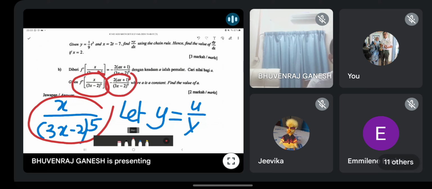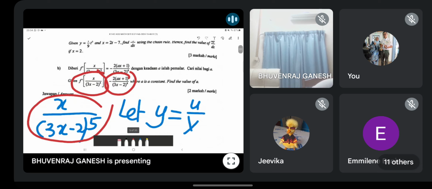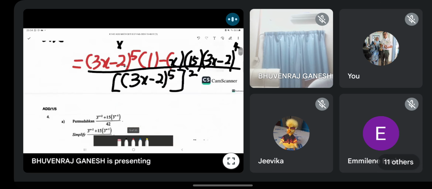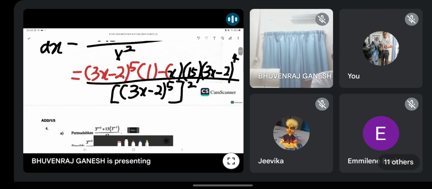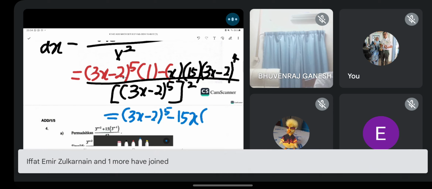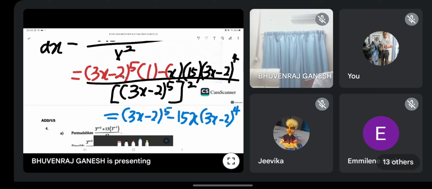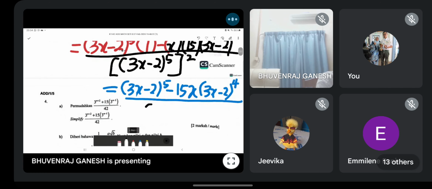Mereka nak dalam bentuk ni. They want your final answer something like this. Over here we never get it yet, so we must factorize. Kita kena faktorkan lagi. You will get (3x minus 2) power 5 minus 15x(3x minus 2) power 4, then divide by (3x minus 2) power 10.